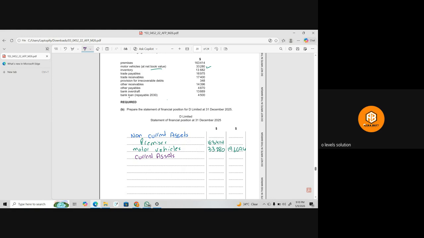In the current assets, as you can see, we have the inventory. Its cost is 13,682. Trade payables are part of current liabilities. Then trade receivables, and we have the provision for irrecoverable debts, that is 348. So definitely we have to minus this from the trade receivables.